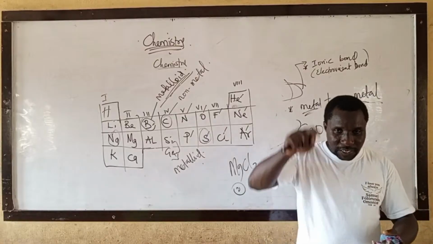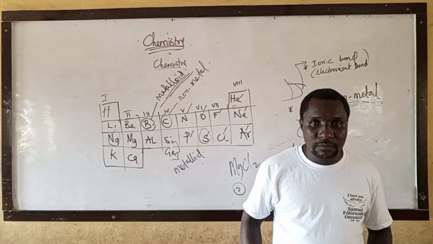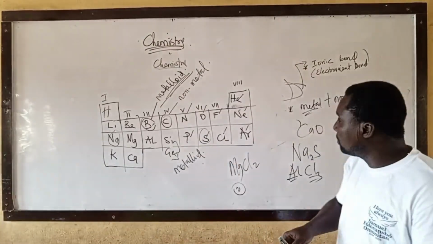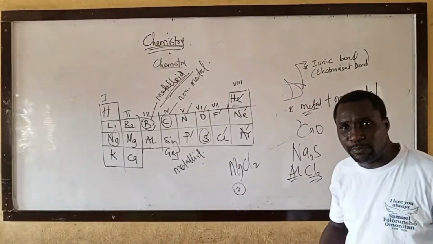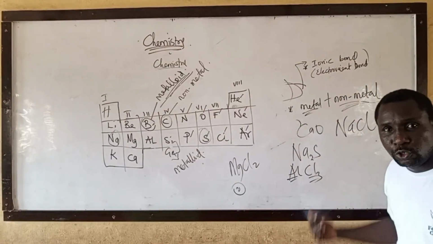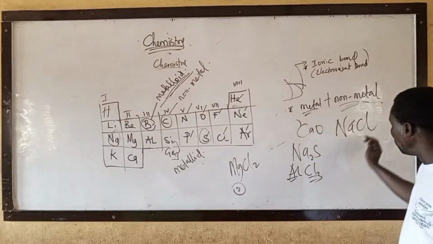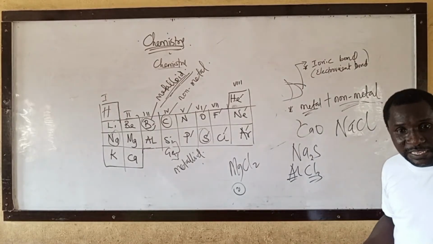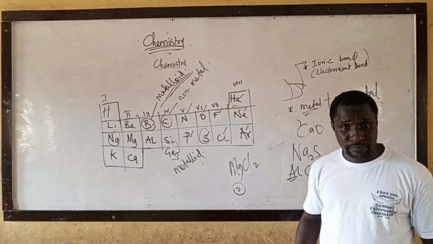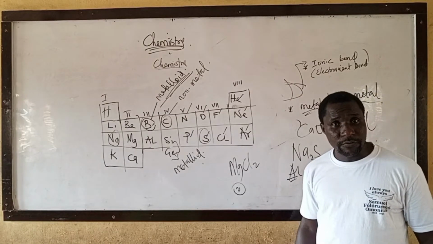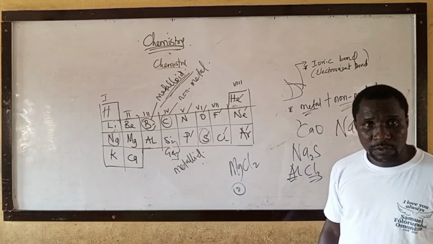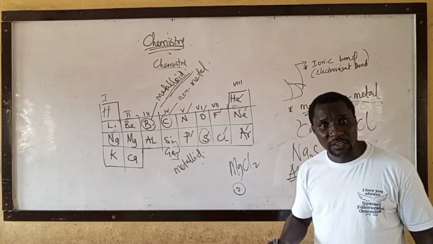Don't cram it. Their physical state is solid. They are soluble in water. Look at this. That one you are common with, but you don't know. Sodium chloride, your table salt at home, is solid. It's an ionic compound. When you pour it in water, what happens? It dissolves. Take note. They are soluble in polar solvents, such as water.